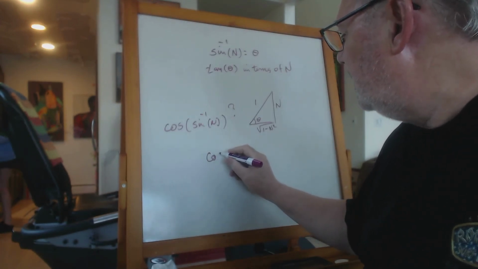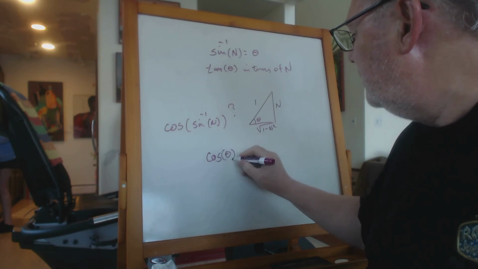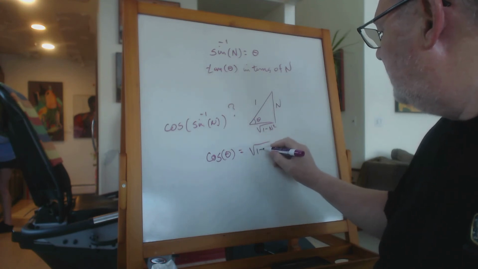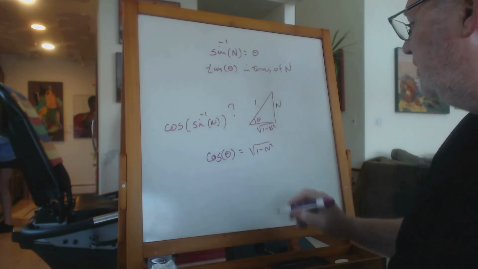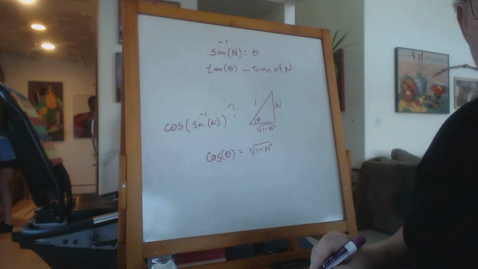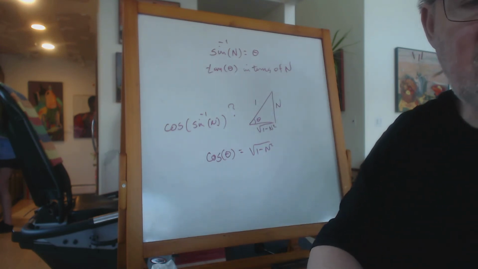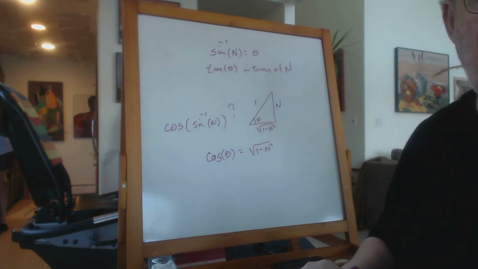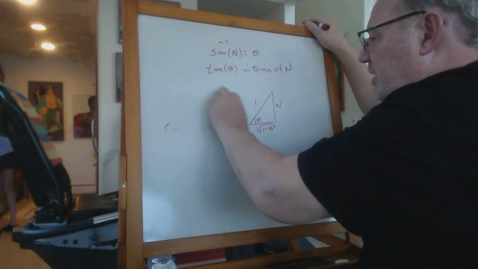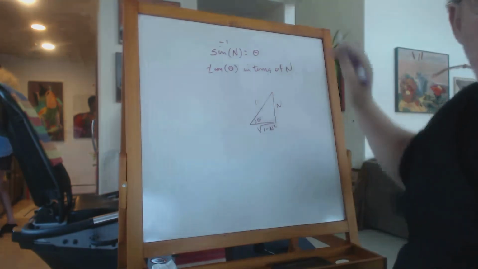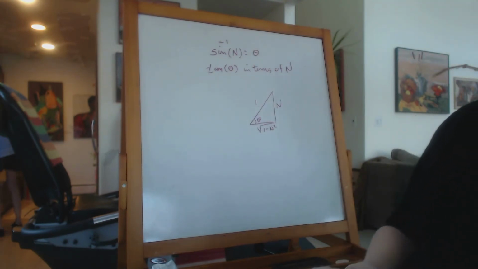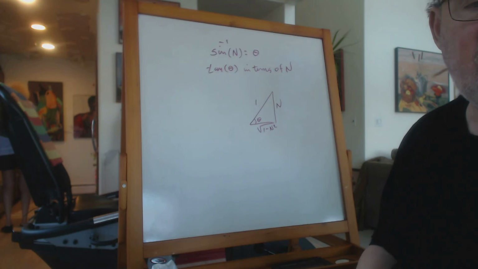So cosine of theta is equal to the square root of 1 minus n squared divided by 1. But that's all we need to express it as. And now let's see if they have another. Okay, it's a totally different problem now.